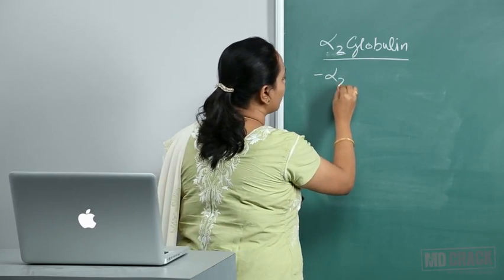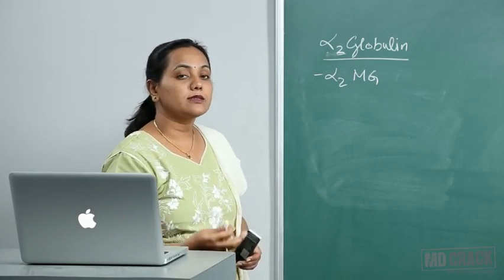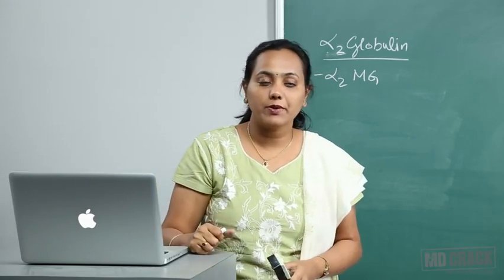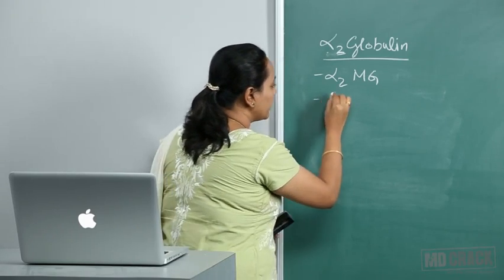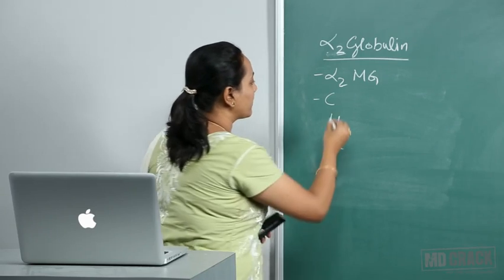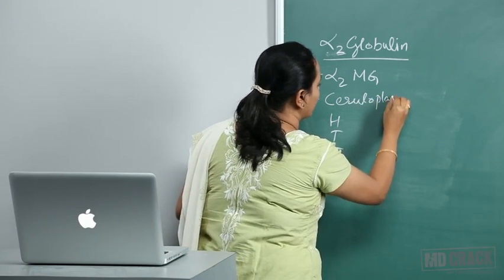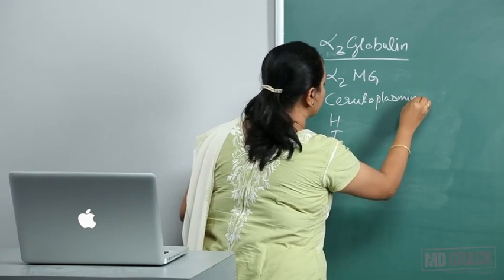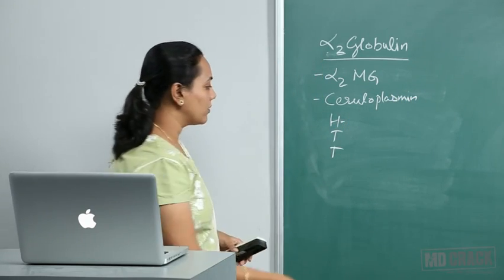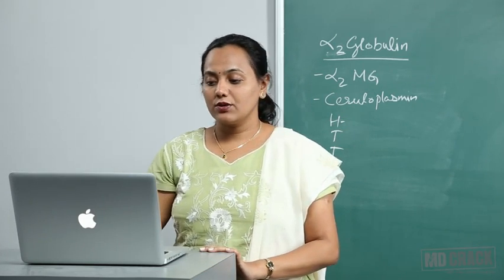One is the alpha 2 macroglobulin, because the prefix is there. Which are the other proteins? How to remember them? There is a mnemonic, what we call CHTT. It includes ceruloplasmin.